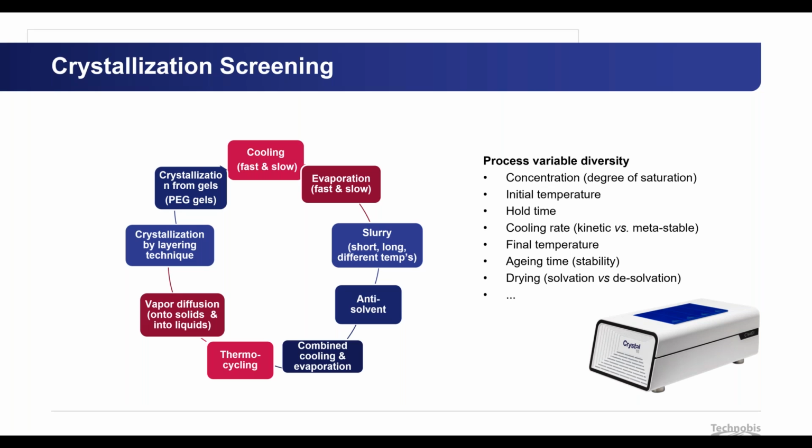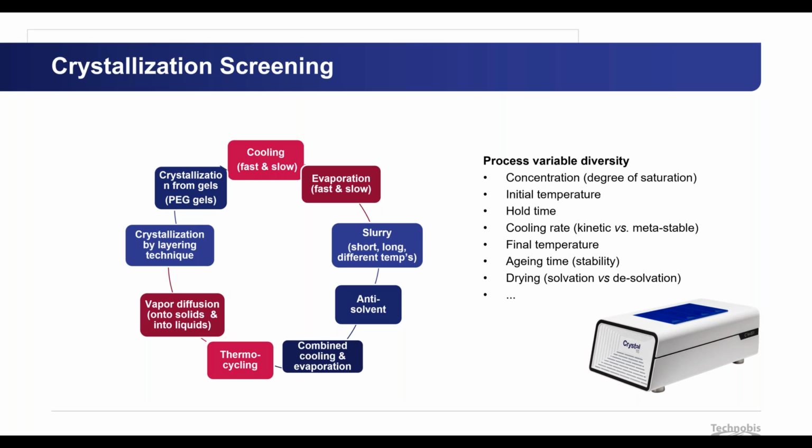There are others as well, like anti-solvent. Do not forget about anti-solvent, which is not necessarily performed on the Crystal16, but can be done quite easily on the Crystalline, for example, and vapor diffusion. That's a method, a gadget specifically developed on the Crystal Breeder.